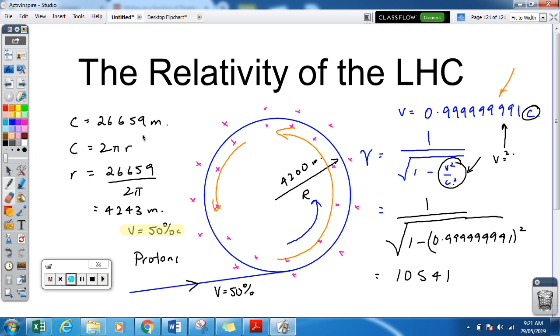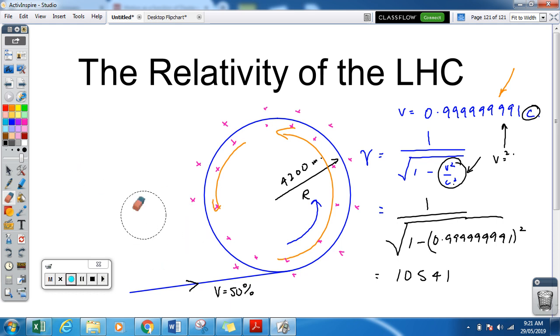The centripetal force to keep that beam in a circular path will be given by mv squared on r, where v is the velocity, m is the mass of the proton and r is the radius, which we're going to maintain at 4,200.